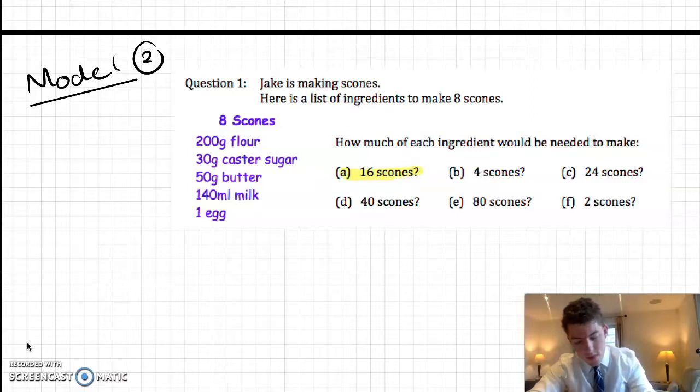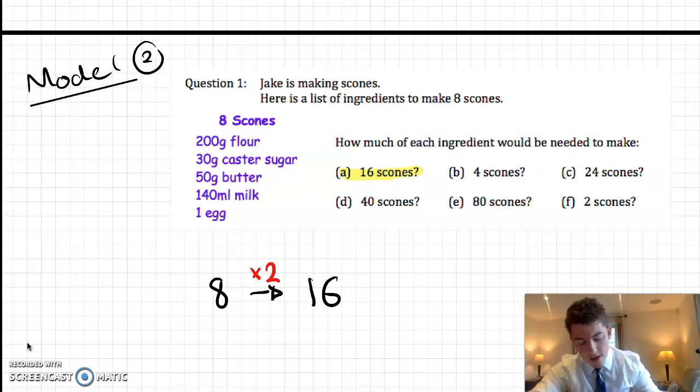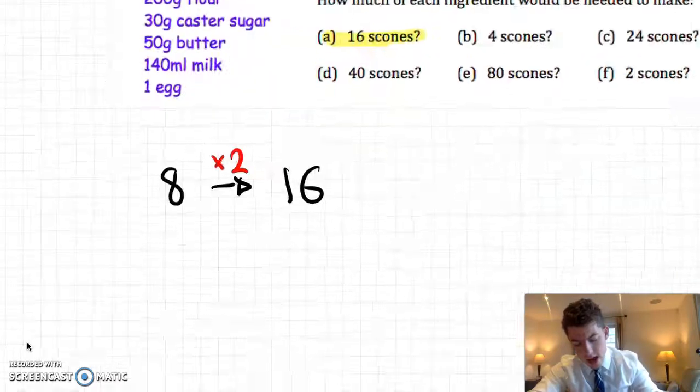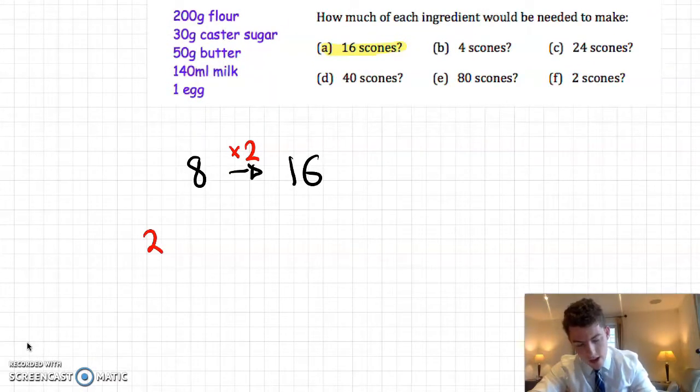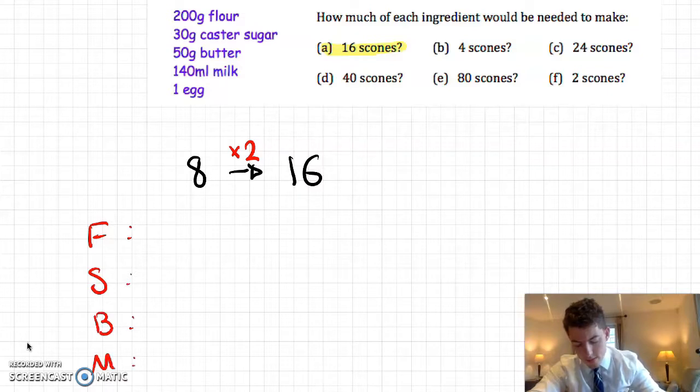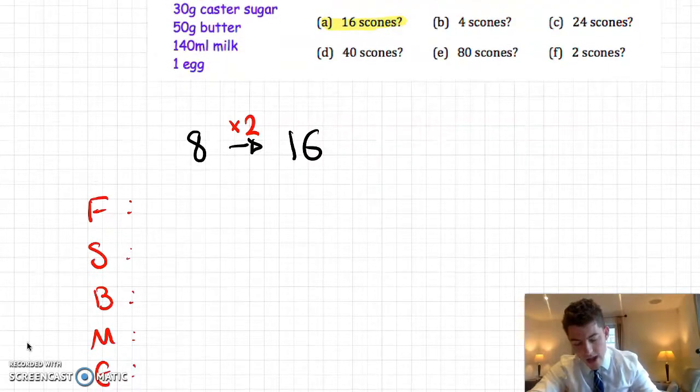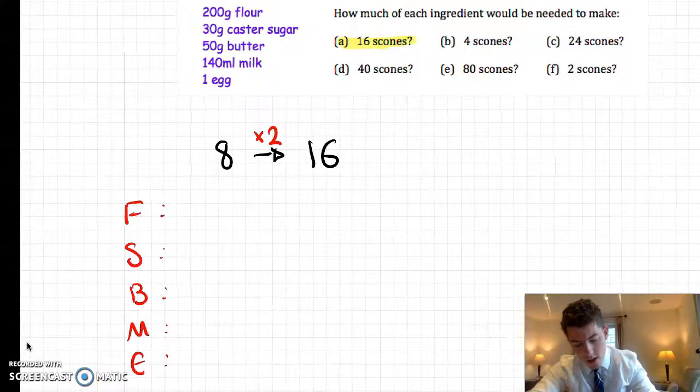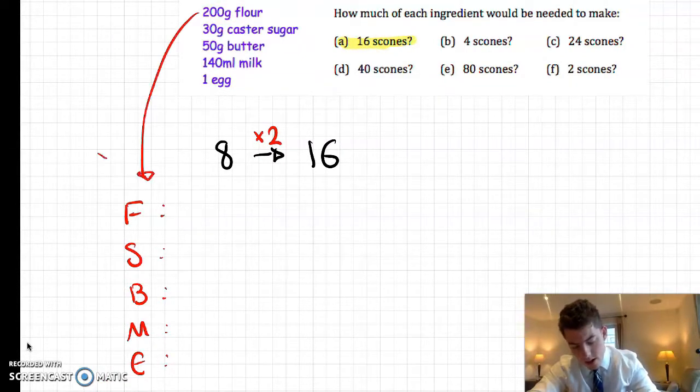Well, this is what we need for 8. And we need to keep it proportional. So 8 to 16, all we need to do is multiply everything by 2. So everything we have here, flour, sugar, butter, milk, eggs, we just simply times it by 2.